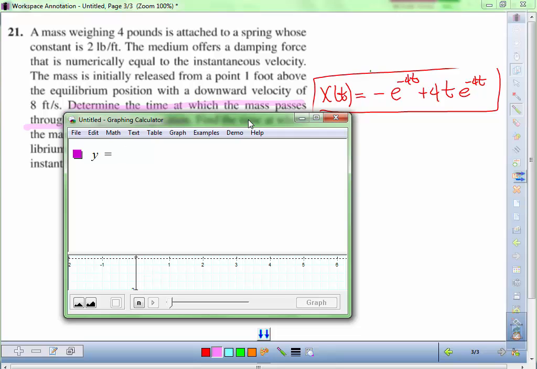So this one uses y for the dependent and x for the independent. So y is equal to e to the negative 4x plus 4x times e to the negative 4x.